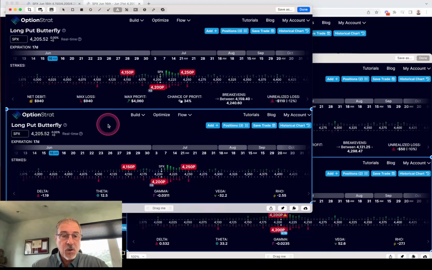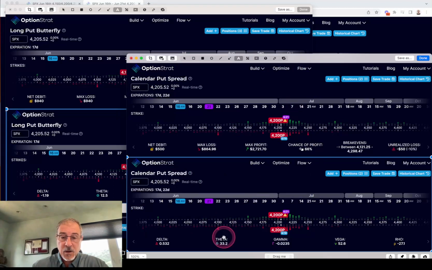So then also when we get into the Greeks, probably the biggest one that I focus on here is theta. And we can see that in the put butterfly, theta is 12. In the calendar, theta tends to be much, much higher because this front period decays faster than the back period. That's why that theta comes in a bit faster.